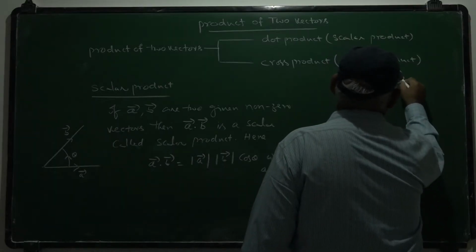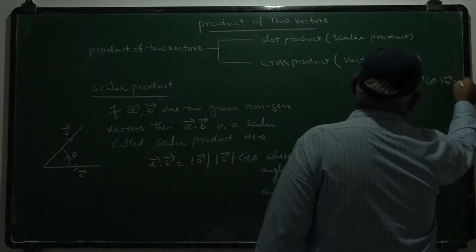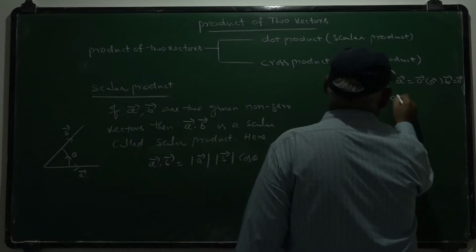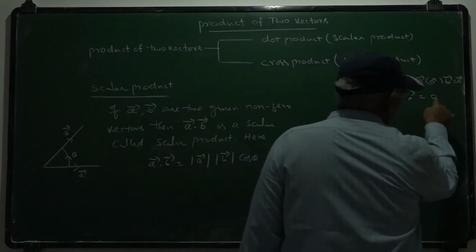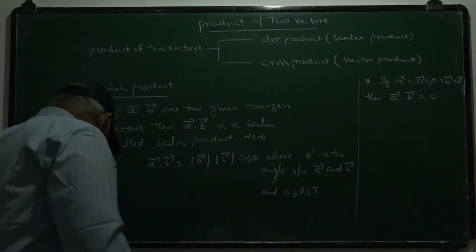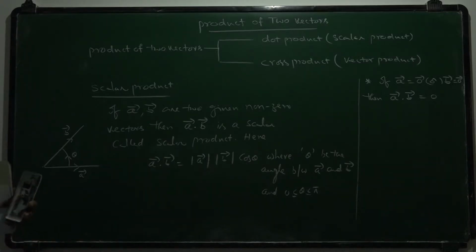If a bar is 0 bar or b bar is 0 bar, then a bar dot b bar is 0 itself. It is not 0 bar, it is 0 only, because the resultant is a scalar, hence a dot b is considered in such case as 0 itself.